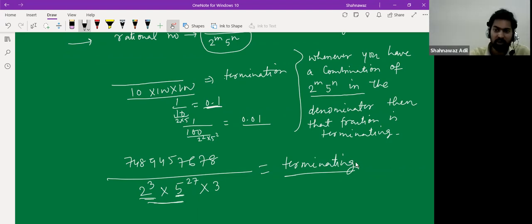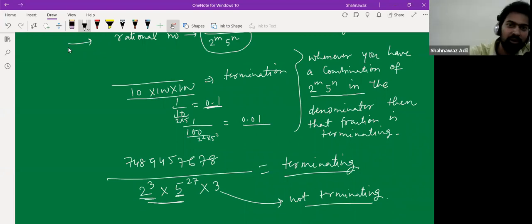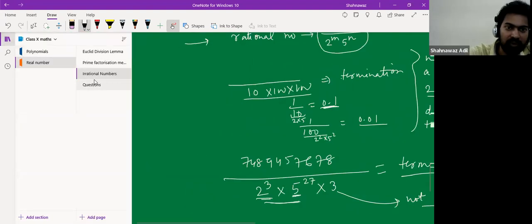So this will not be terminating. Okay, understood. Yes, sir. Okay, so this was all about the third and fourth exercise, I guess. So let's do some exercise questions, and that will make it more clear to understand.